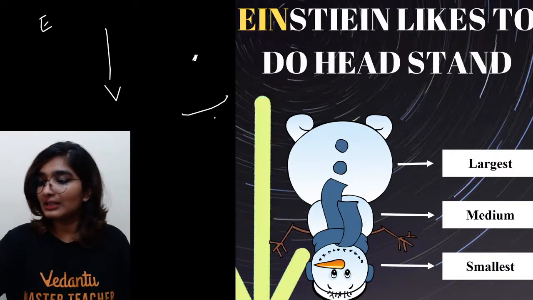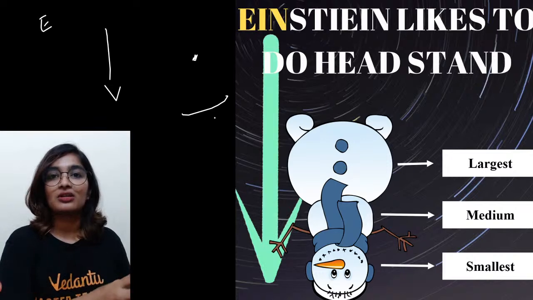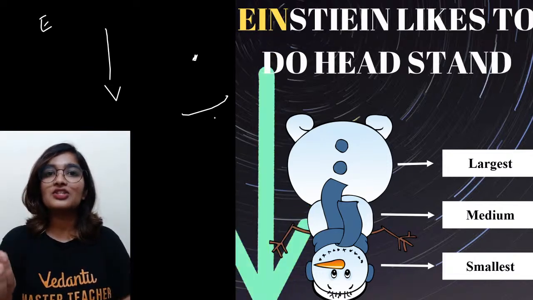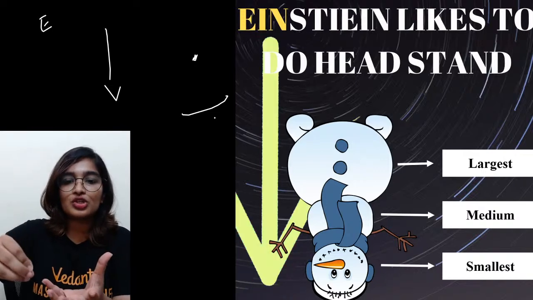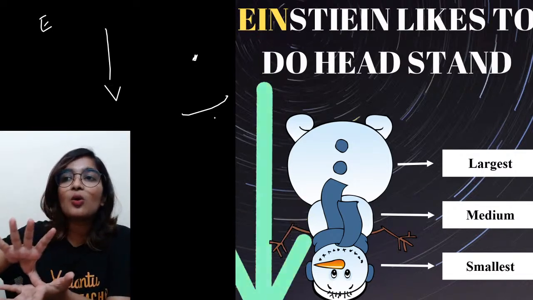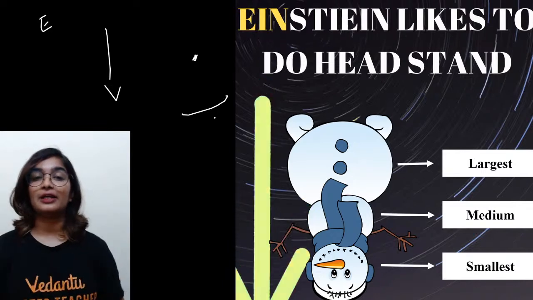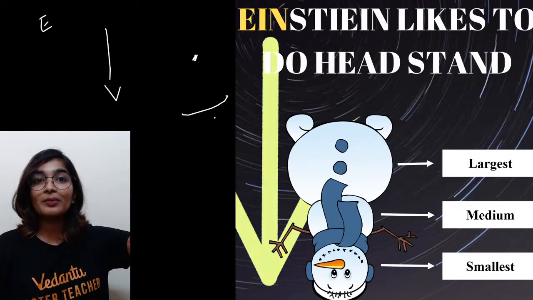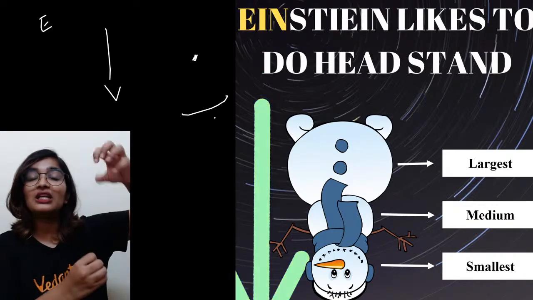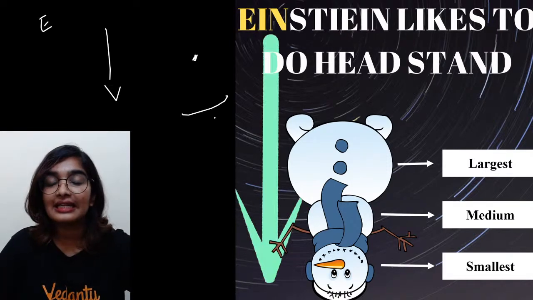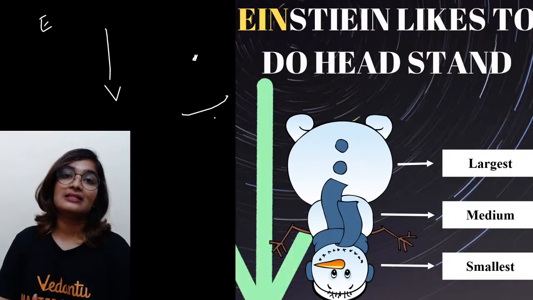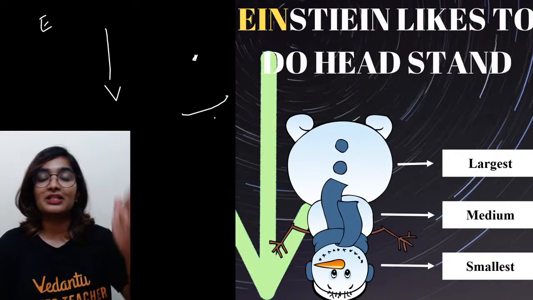If I throw something, there has to be someone to catch it, right? In the same way, when I'm trying to add an electron to the outermost shell, the nucleus should be close enough to hold that electron. But with the increase in atomic size, the distance between the nucleus and the outermost shell also increases. Hence, the non-metallic character decreases down the group.